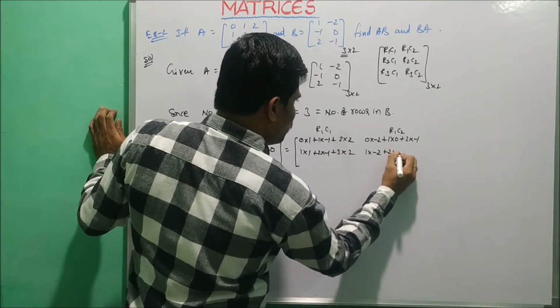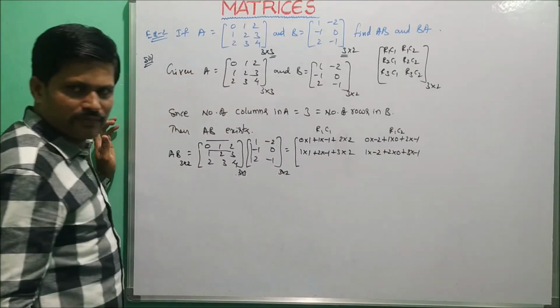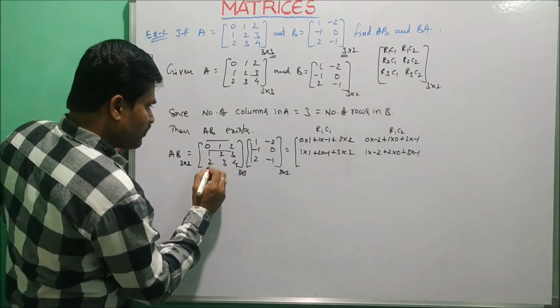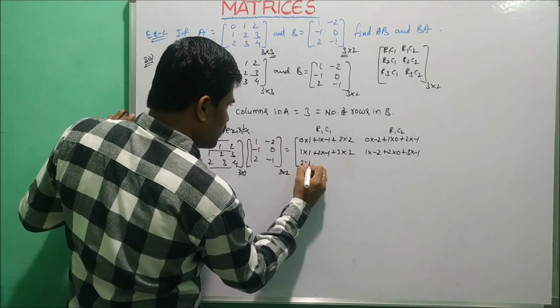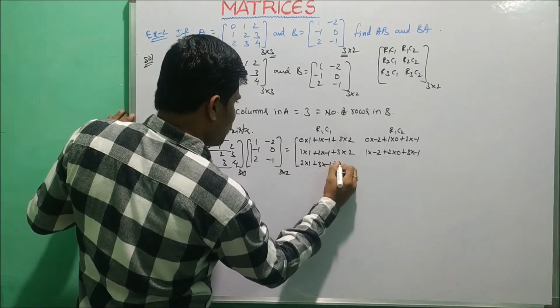Similarly, we take R2C2: 1 into -2 plus 2 into 0 plus 3 into -1. Similarly, R3C1, third row, first column: 2 into 1 plus 3 into -1 plus 4 into 2.